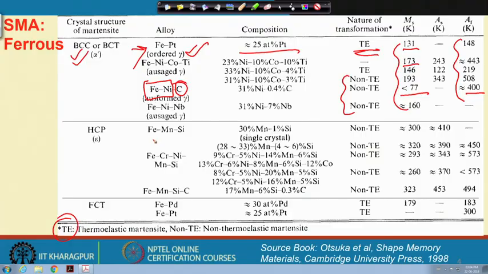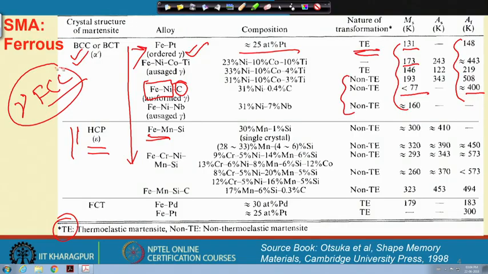Now, in case of the iron manganese system, this is also another very interesting system where martensite is here called epsilon, because it has a hexagonal close pack structure. But in all these cases the austenite is the gamma, which is the FCC phase. So, the shape memory effect is generated, which is a property of a phase itself.